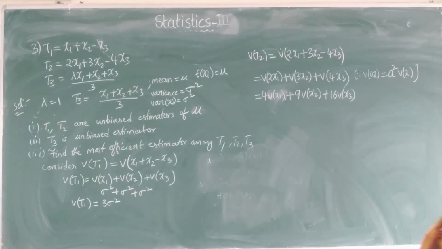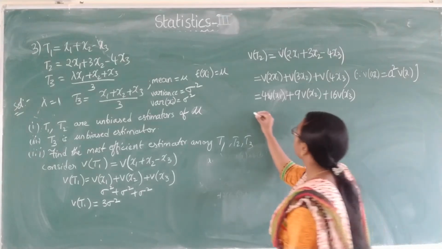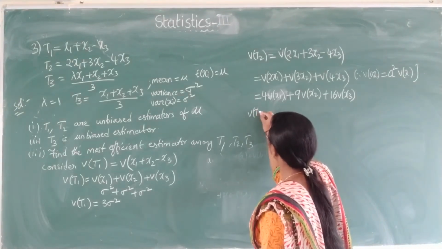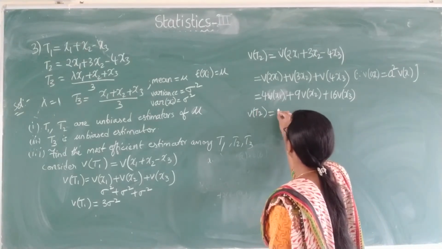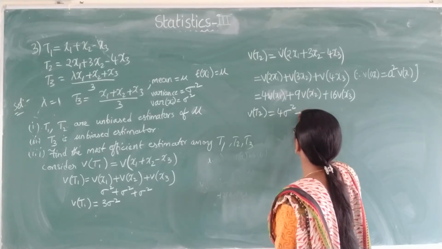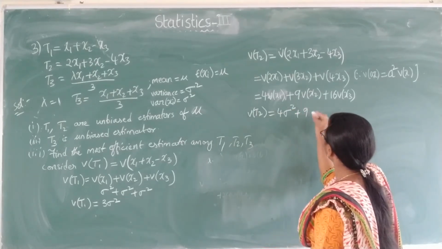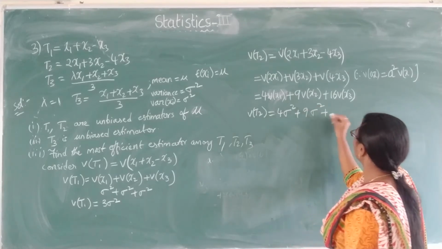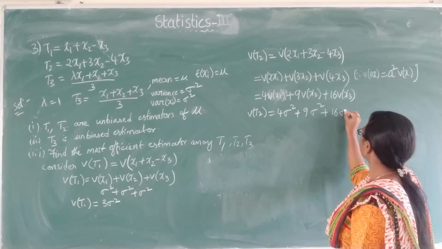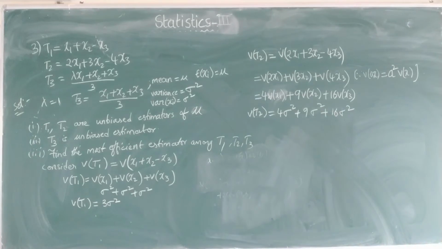Variance of xi is sigma square. So you get variance of T2 equals 4 into sigma square plus 9 into sigma square plus 16 into sigma square. So 16 plus 9, 25, plus 4 is 29.